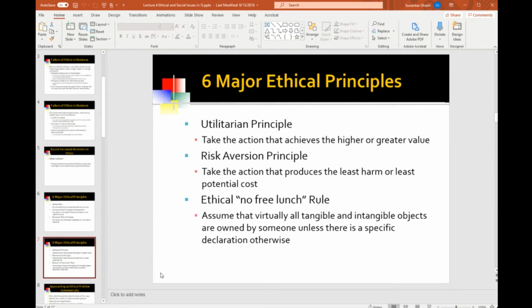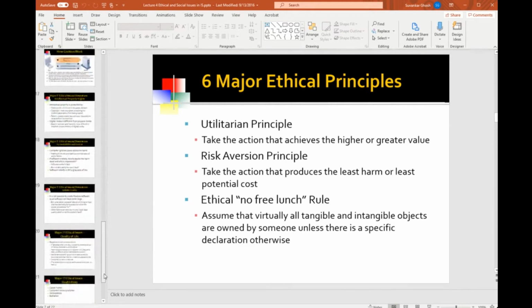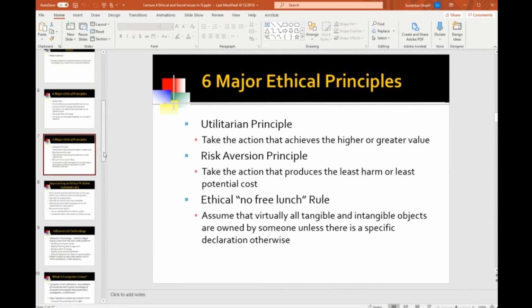So after you apply the ethical principles, you get some direction as to what choice is the best choice to take here. Then the second thing you should do, to put this into context, is this: we have the ethical principles, and then we also have these 5 moral dimensions of IS.